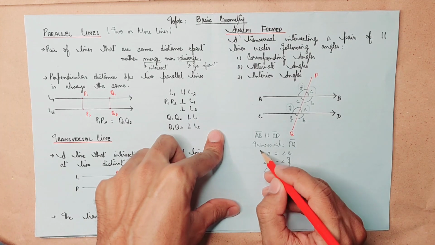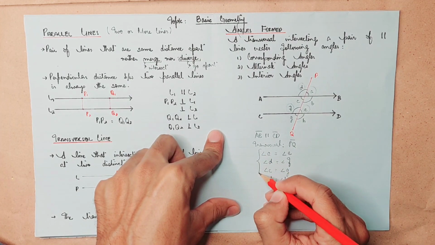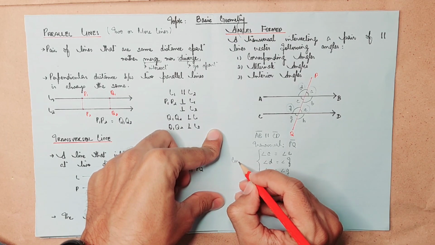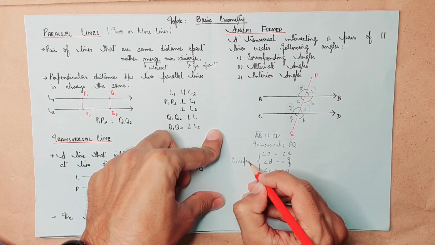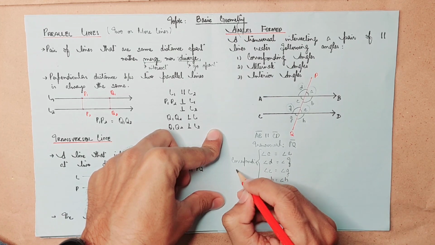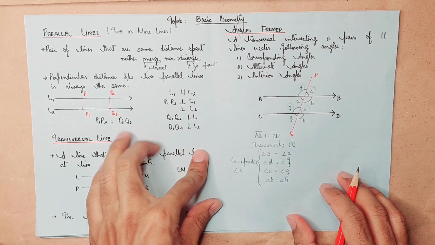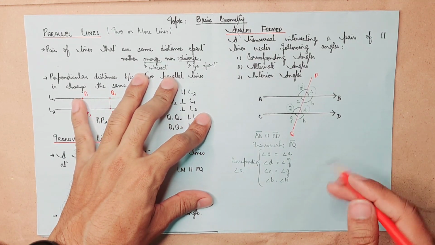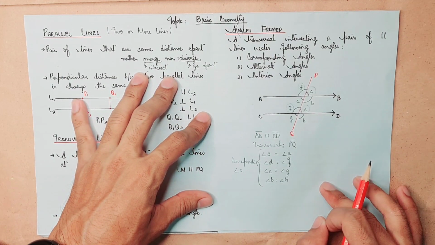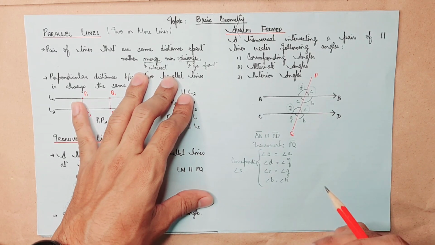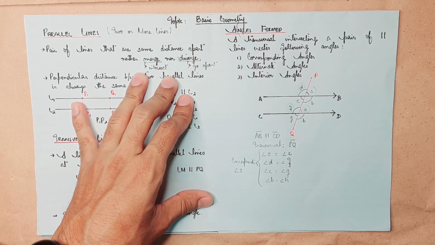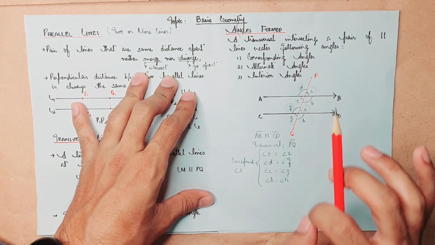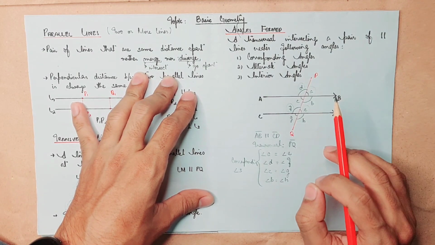These are the pairs of angles produced at relative positions, and they are called corresponding angles. Remember that angles produced at the same relative positions are called corresponding angles, and they are always equal. The second thing to remember is that corresponding angles are produced on the same side of the transversal. Angle A and angle E are corresponding angles on the same side of the transversal.